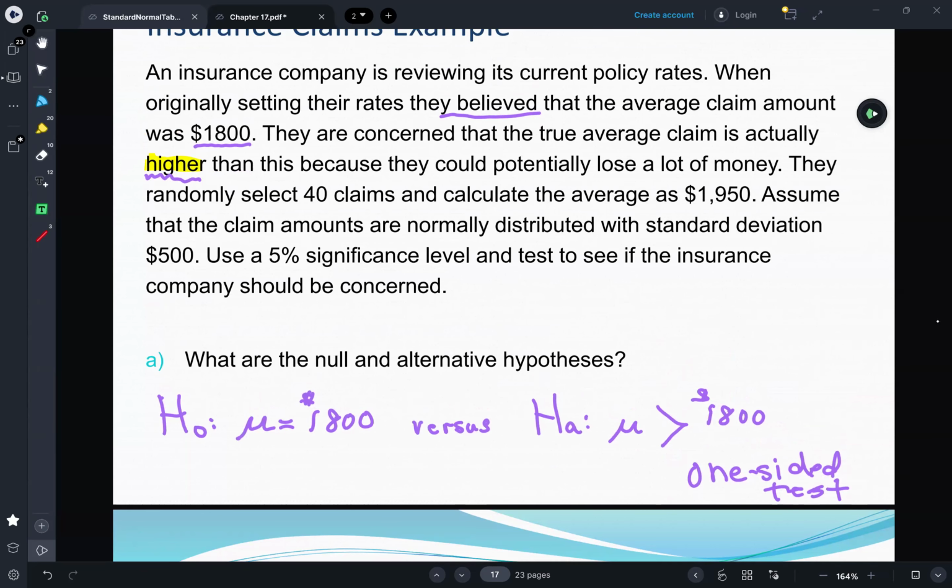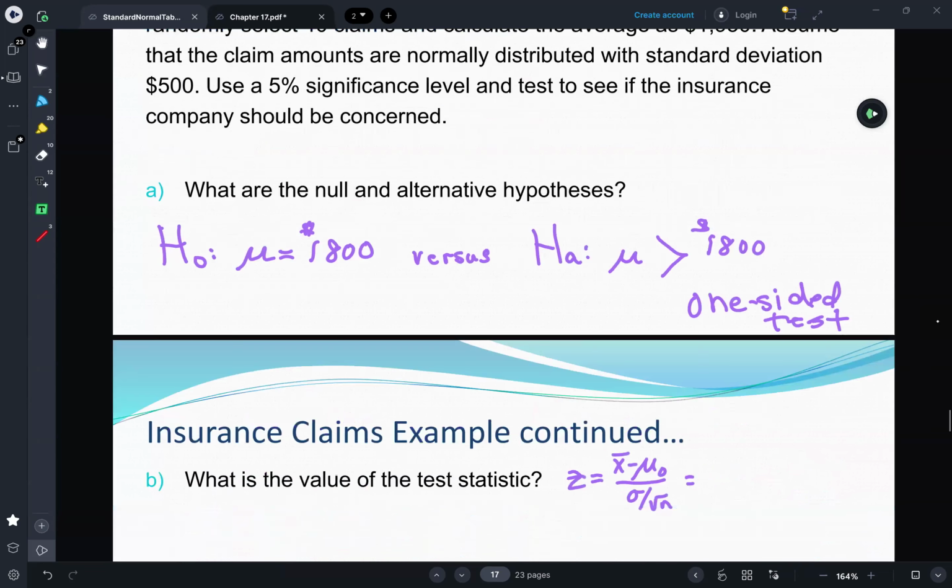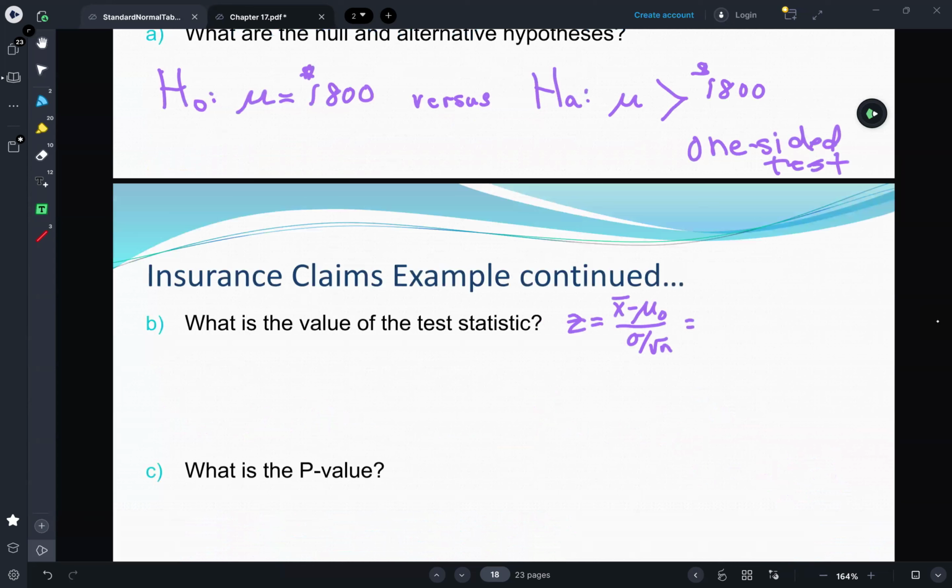Yes, the 40 claims. X bar is the average from those 40 claims, so it's the sample mean, and it will be 1,950. Notice I'm subtracting 1,800 because that's mu naught.